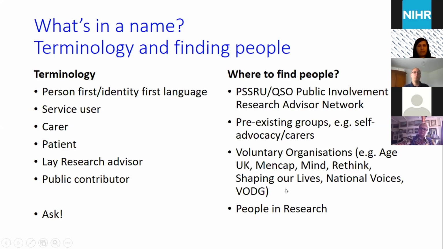Voluntary organisations, we've listed a few there to be aware of, are another route to access potential lay research advisors. Of course, with these organisations, establishing some longer term relationships in order to work together around research will be important if you want to facilitate their involvement. And of course, people in research is another option.